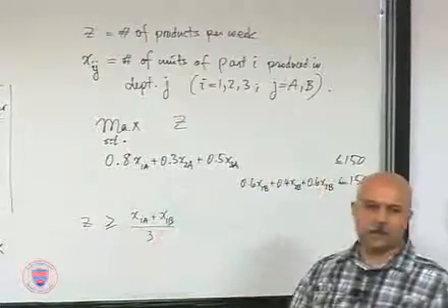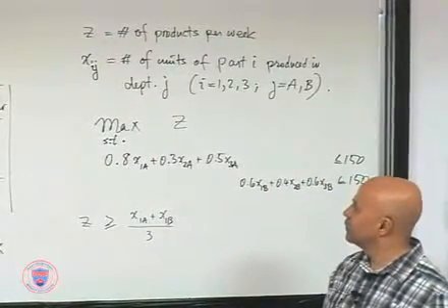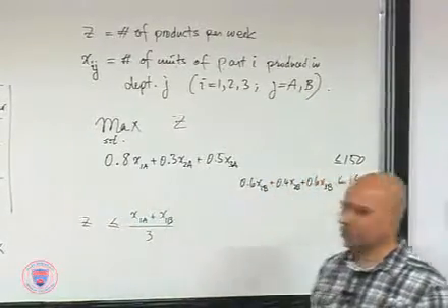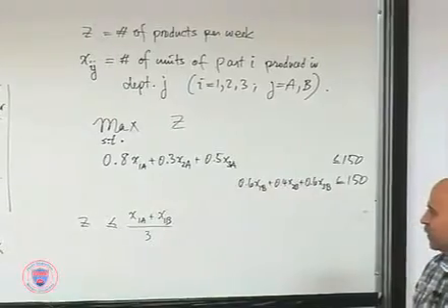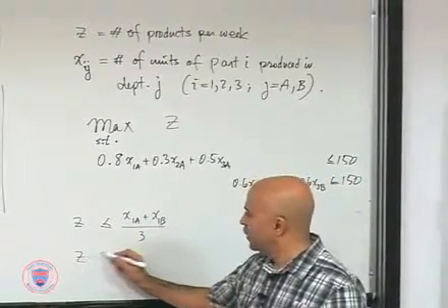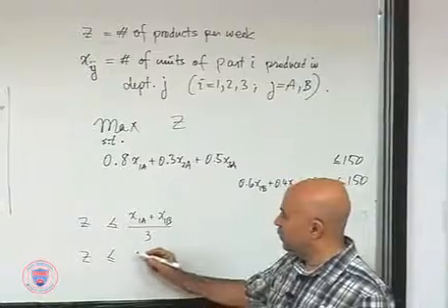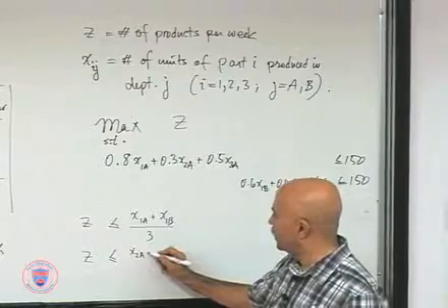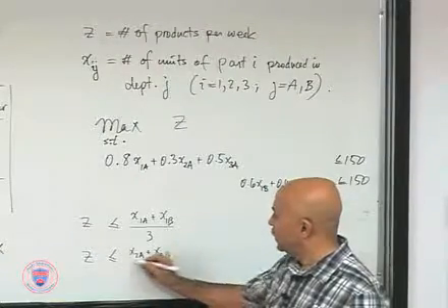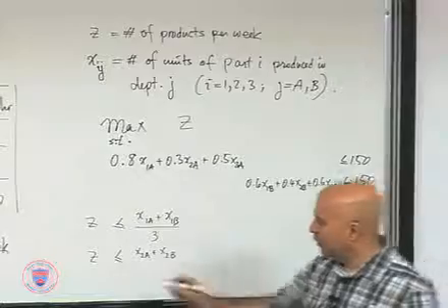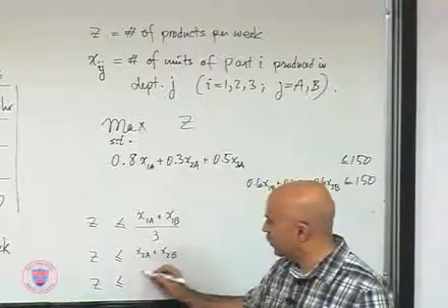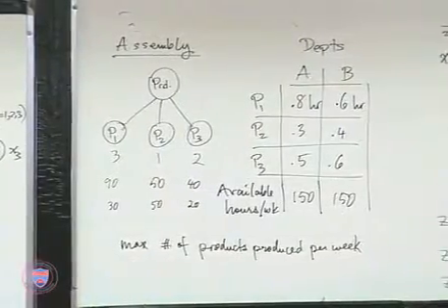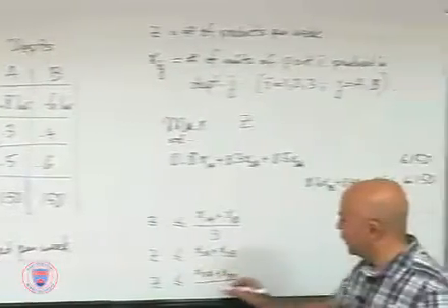So z should be at most that much. Similarly, z should be less than or equal to x2a plus x2b divided by 1. And finally, z should be less than or equal to x3a plus x3b divided by 2.